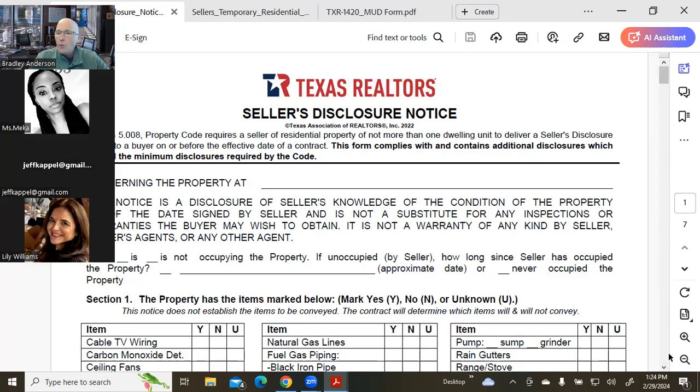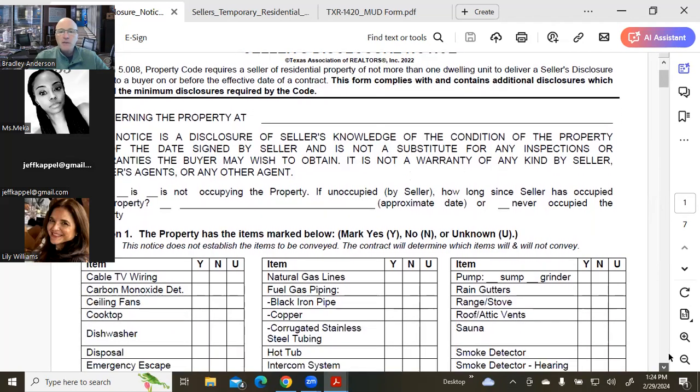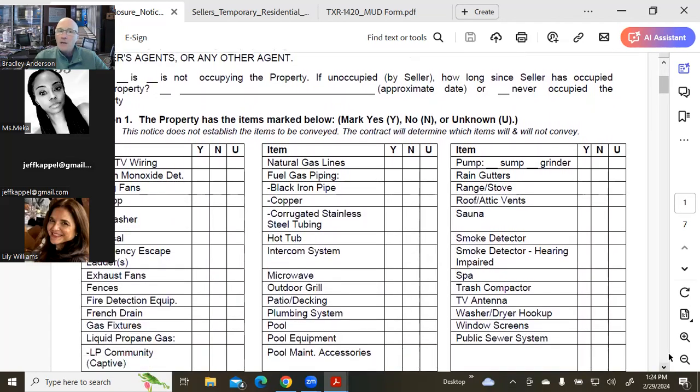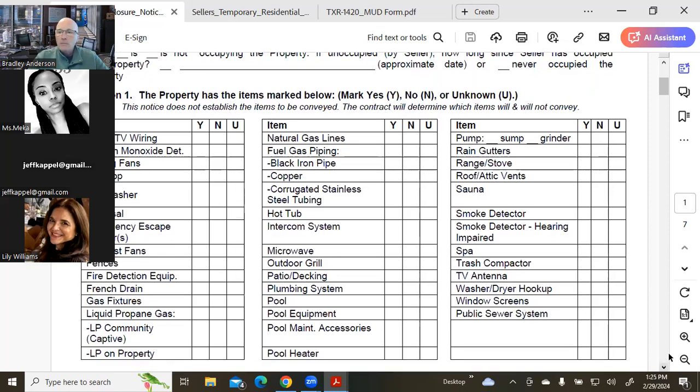Okay, so I would give this to your seller and say, this is a serious document. It's 7 pages long. I know there's a lot here, but if you don't fill this in accurately and completely, you're going to expose yourself to a very real lawsuit.